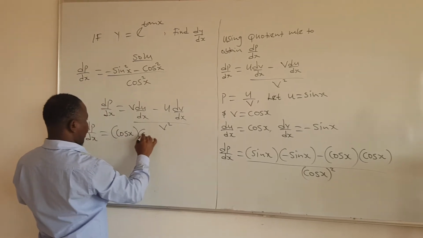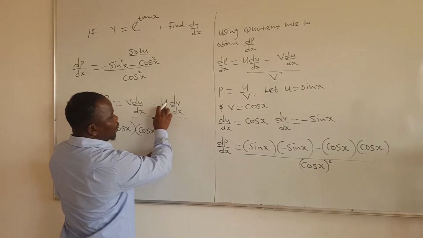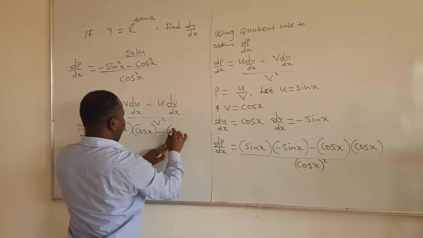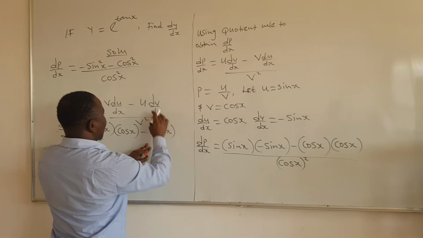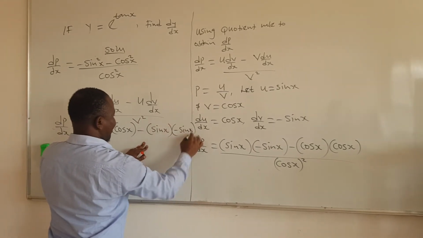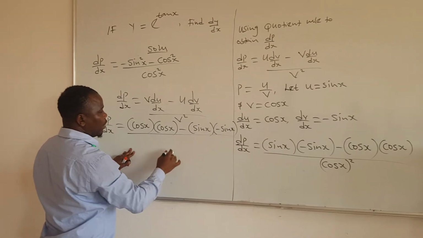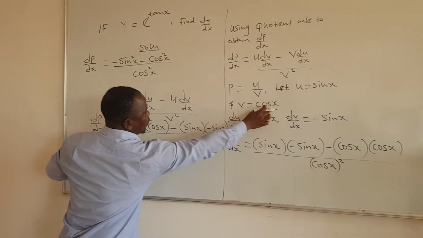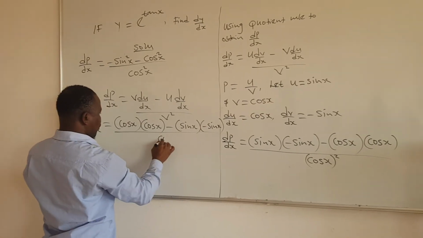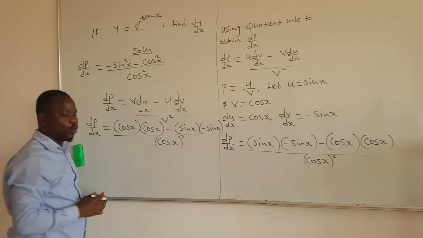It gives us cos x, then minus our ordinary u, which is sine x, then our dv all over dx will give us minus sine x, all over v squared, which is cos x all in bracket raised to power 2.